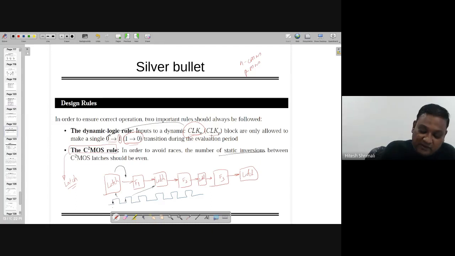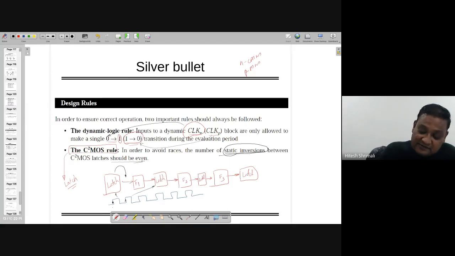And in clock P, if there is no inversion going on, then add the number of inverters accordingly. So if there is a static inversion, then you should use an even number of inverters. This is going to act as a driver also, or you can avoid it if you don't want to use it. Even is as good as nothing, right? It's like a buffer.